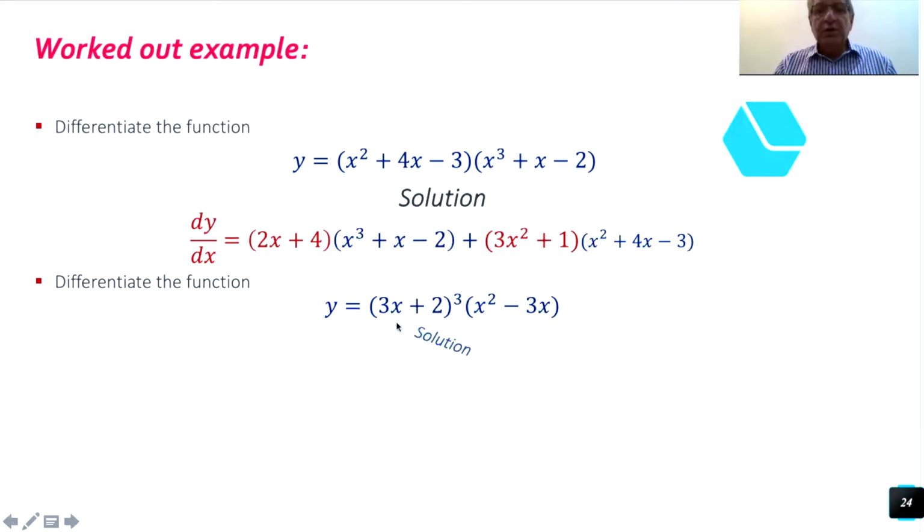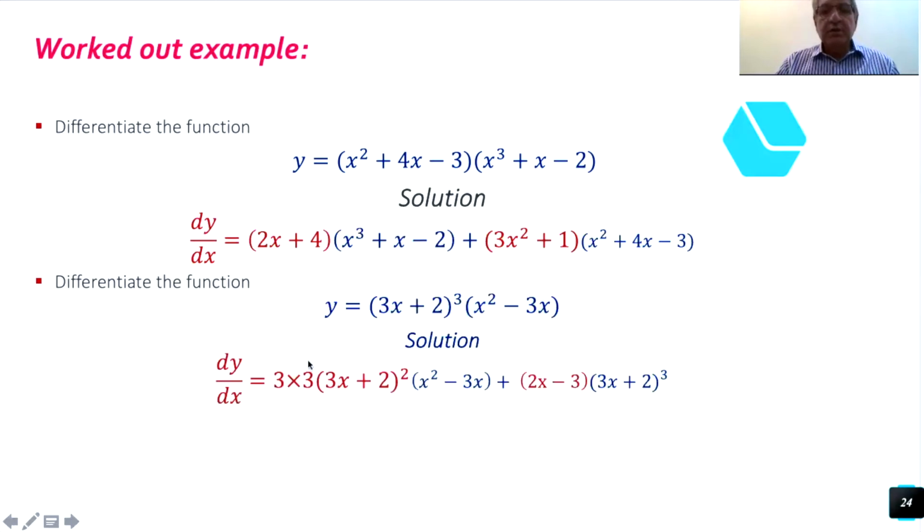Therefore, you are going to get 3 times 3: one of these 3s is the power coming down, another 3 is the derivative of the inside. Therefore, the power of 2, then multiply by this itself. And then plus the derivative of this, which is 2x minus 3, times (3x plus 2) to the power of 3. I hope you have understood how we have differentiated this: 3 comes down, reduce 1 from the power, multiply by the derivative of the inside, which is 3. Therefore, this is like that.